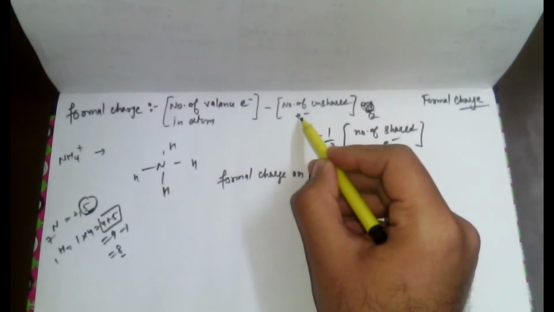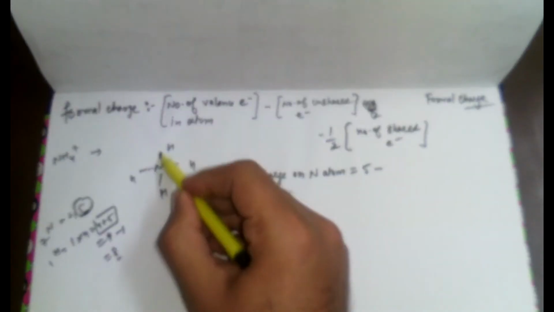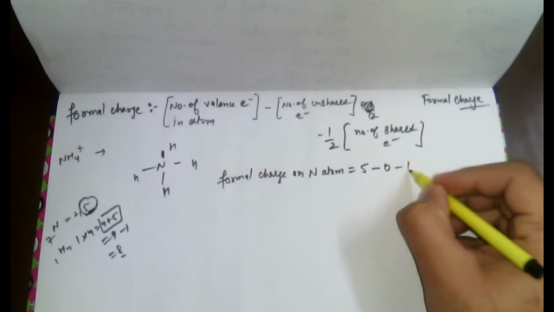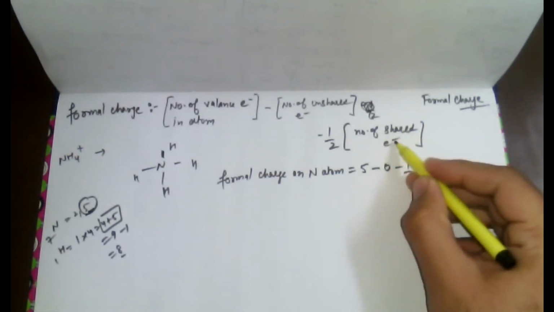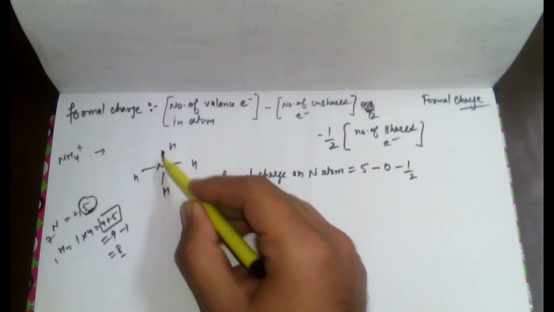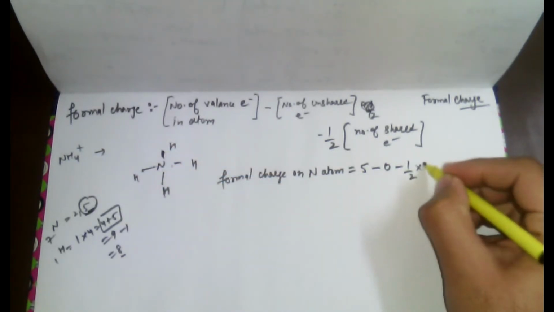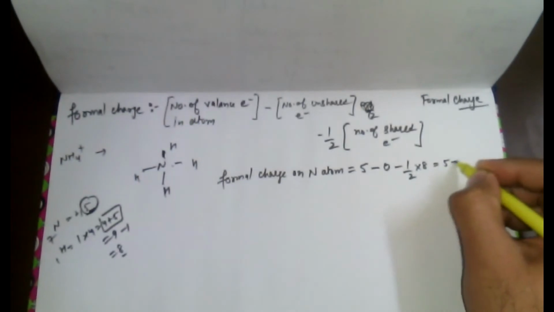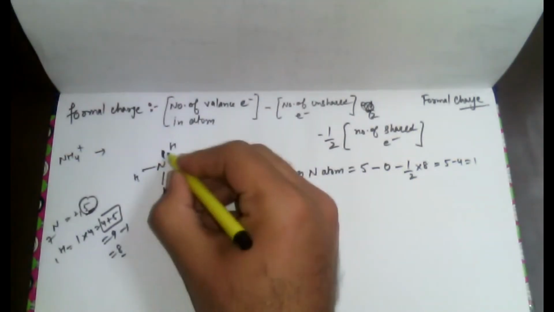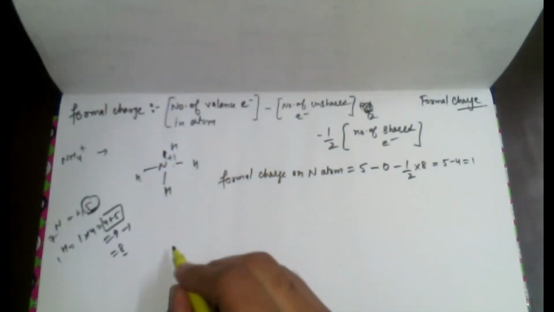How many unshared electrons are present over here? None, so we call it 0. Minus half of the number of shared electrons. We will count 1, 2, 3, 4, 5, 6, 7, 8, so we multiply half by 8. After getting the value 5 minus 4, we get 1. So we can say nitrogen is having a formal charge of plus 1.